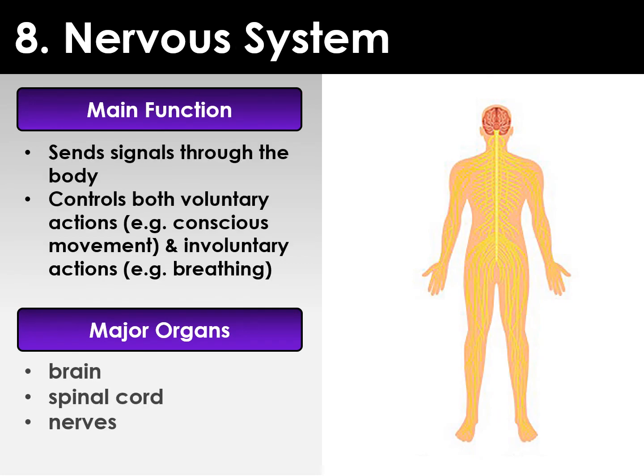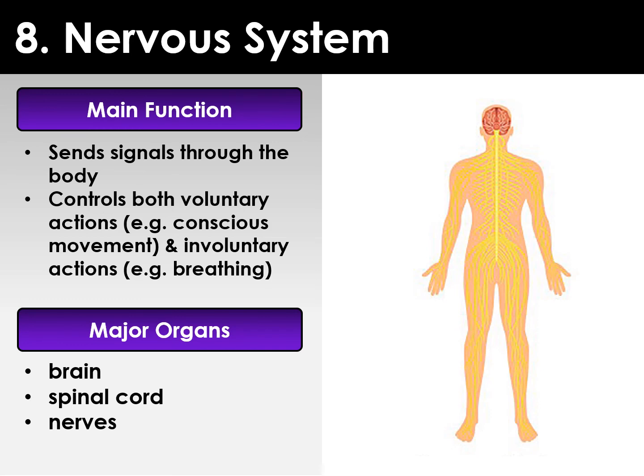The next organ system that we can look at is the nervous system. And the nervous system is a very fast reacting system. In fact, it is the first system that reacts when there is a detectable change in our body.